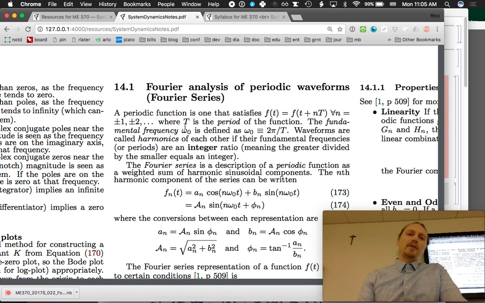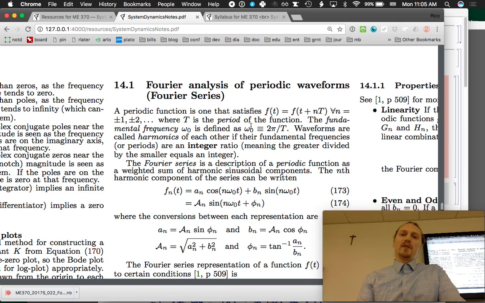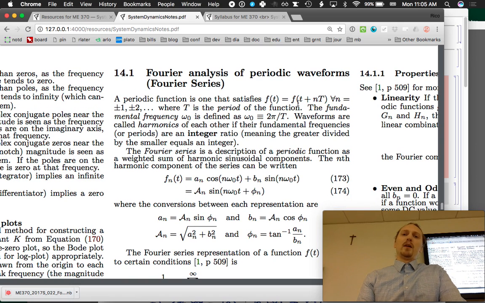So a periodic function is one that satisfies this equality. For all integers n, positive and negative, the function at some given time is equal to the function at that time plus n times T, where T is the period of the function.